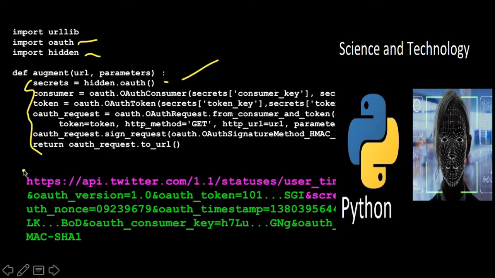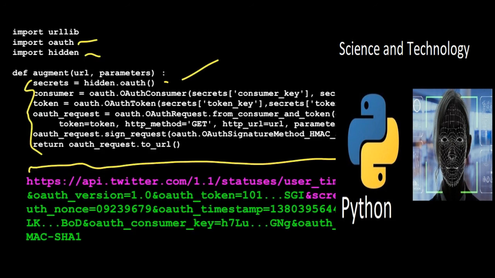This was the base URL you were told to use. Then you have count equals 2 and screen name equals Dr. Chuck. Those parts are your parameters to that web service call. And then all this OAuth stuff is produced by this OAuth code and the consumer key and the secret.